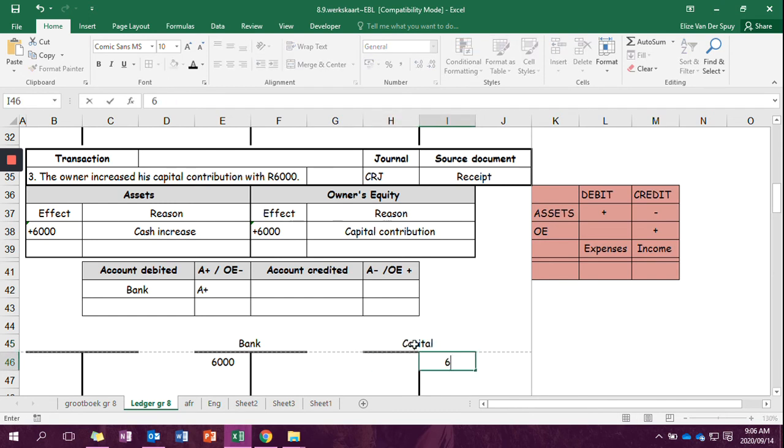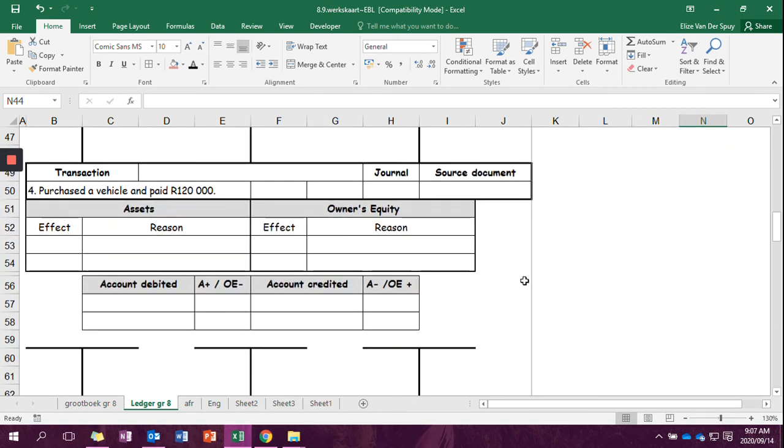That will be credited because we debited bank, and capital is owner's equity plus. So therefore we can say now that capital is also going to be credited. Why did we credit capital? Number 1, double entry principle, we debited bank. Number 2, the type of account, capital should always be credited.